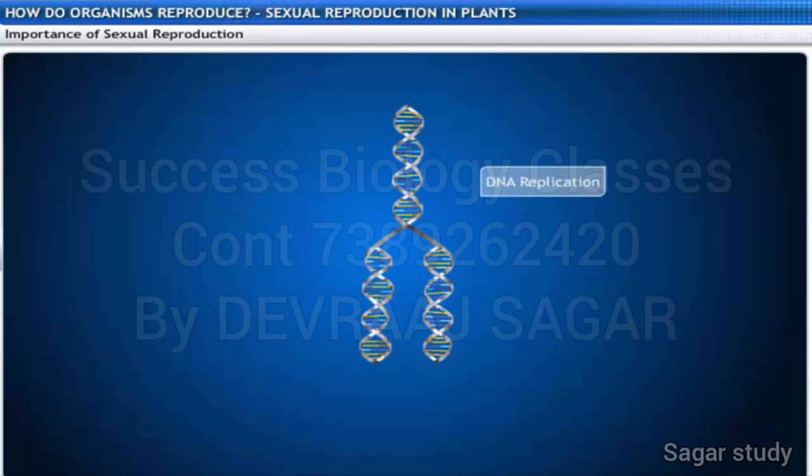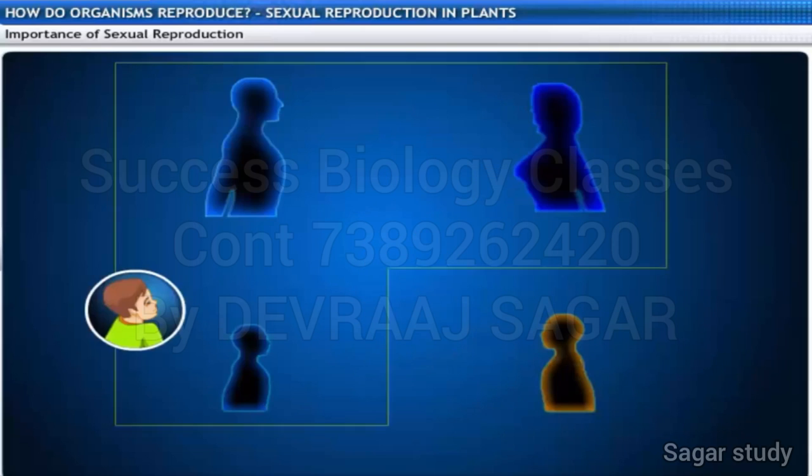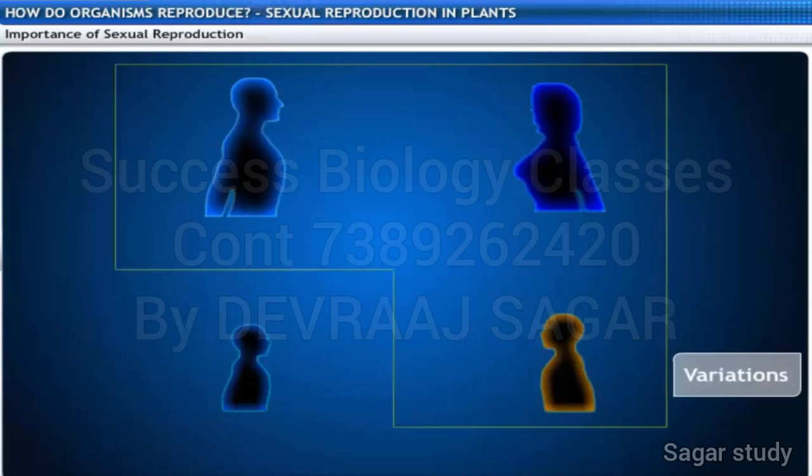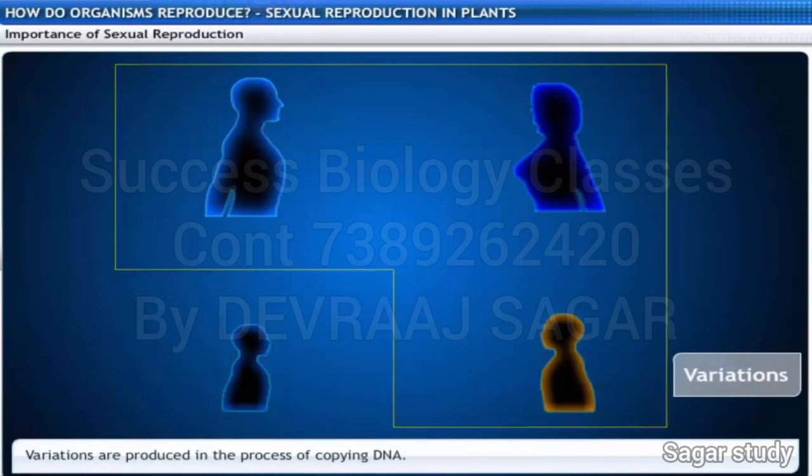Cells use chemical reactions to build copies of their DNA. Oh, I guess that's why children resemble their parents. Correct. In the process of copying the DNA, variations are produced.